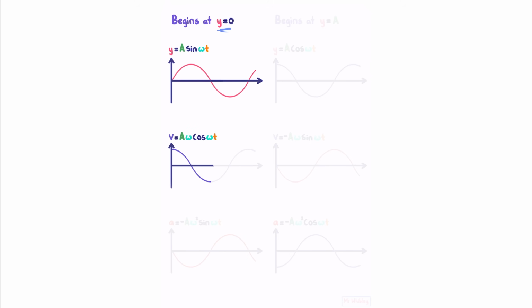Let's now view our two situations on graphs. For our displacement beginning at 0, we have the equation y equals A sine omega t. Because it's a sine, it starts from 0, as we'd expect given our initial condition. Our velocity equation is a cosine, meaning that it starts from its maximum amplitude.